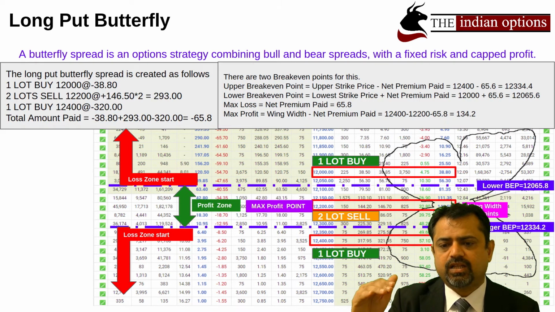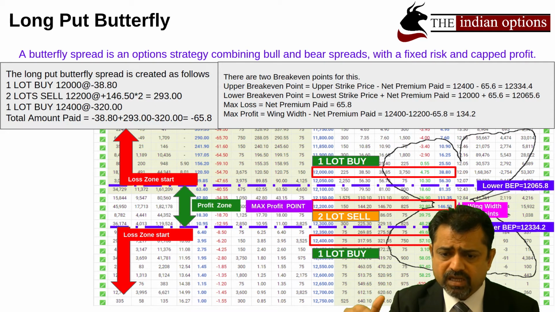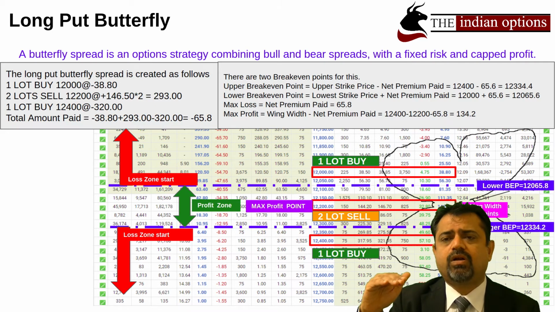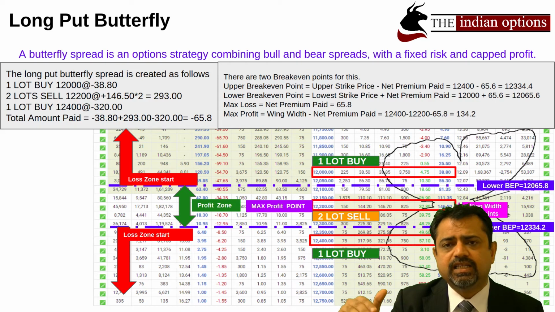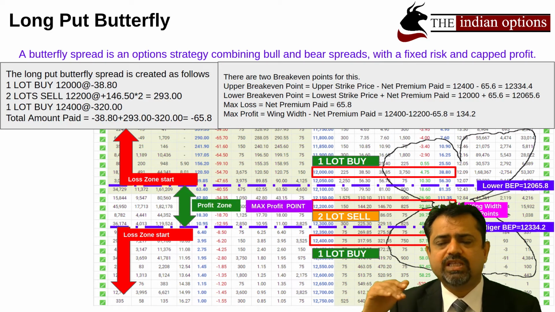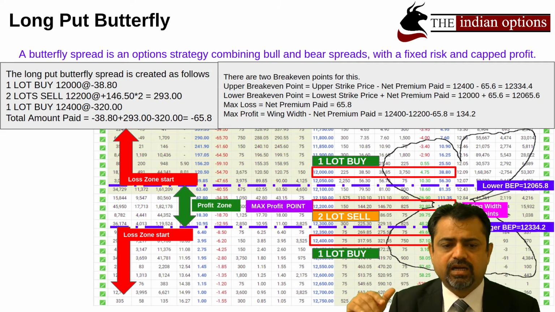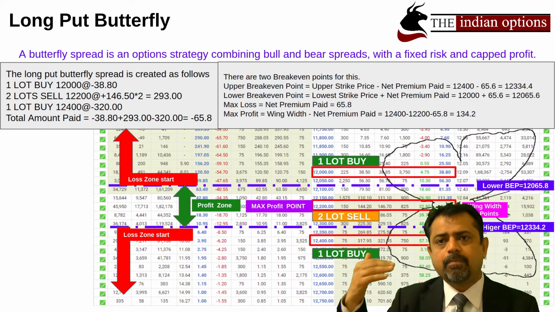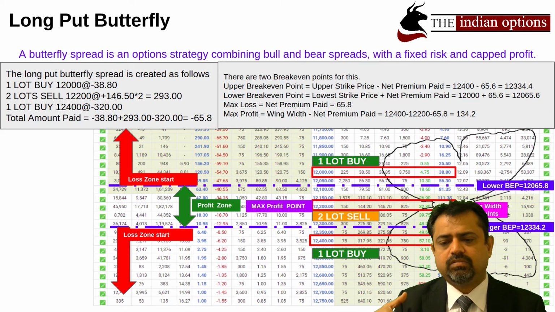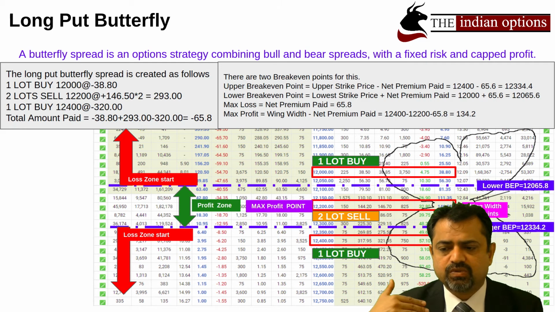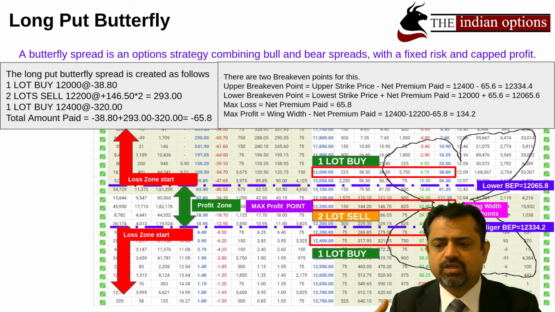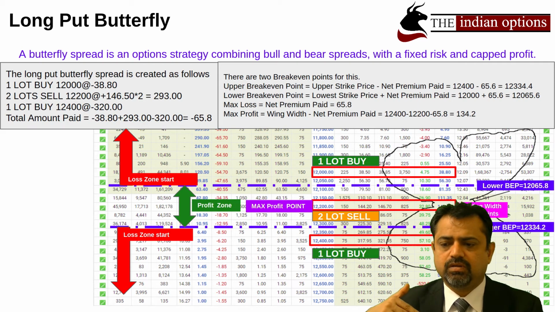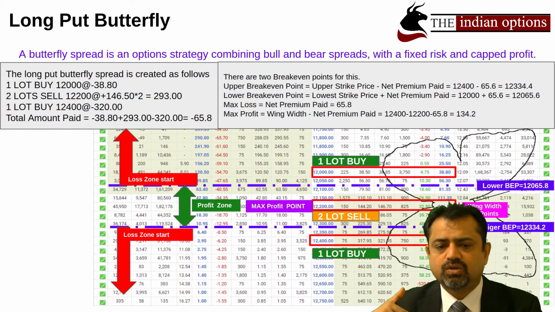The lower break-even point is the lower strike price plus whatever you have paid initially, that is 65.8, so the lower break-even point becomes 12,065.8, and the upper one is 12,400 minus whatever money you have paid, that becomes 12,334.2.